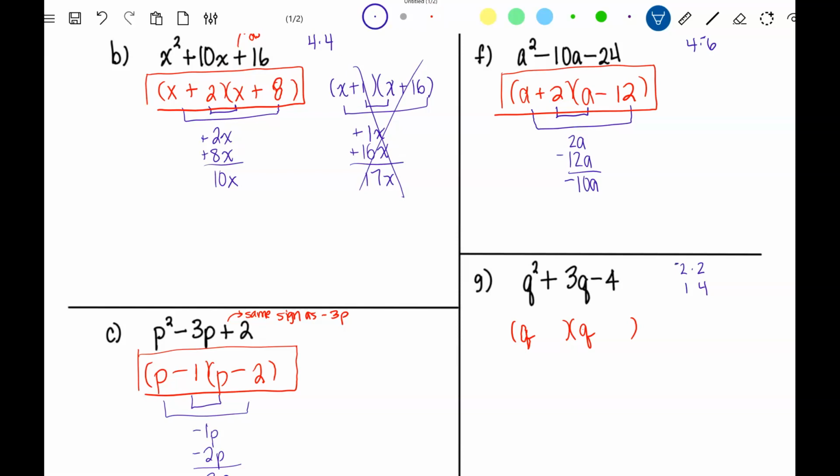So it doesn't matter on this 2 and 2, but here it's 1 and 4, negative 1 and positive 4, because the 3 is positive. So negative 1 and positive 4. Checking: I've got negative 1q and positive 4q. When I put those together, I get positive 3q.